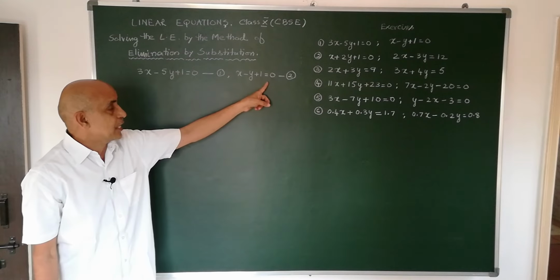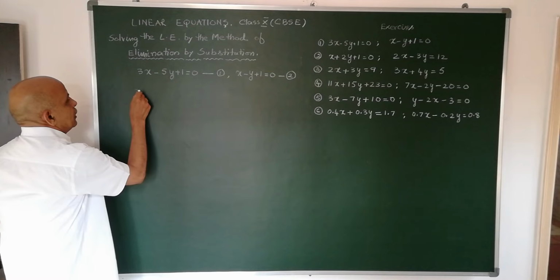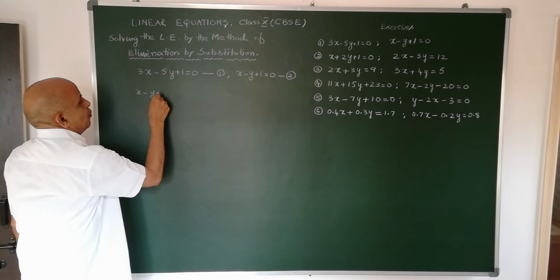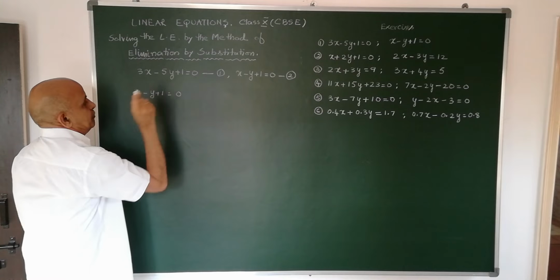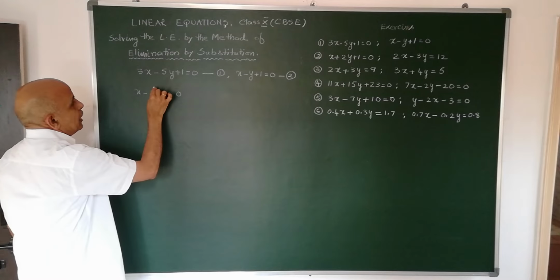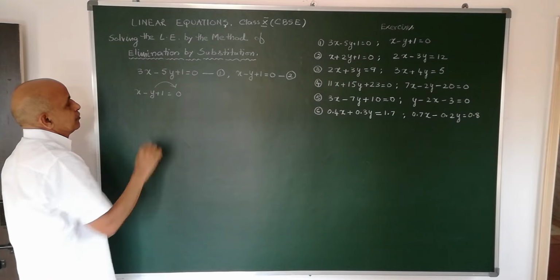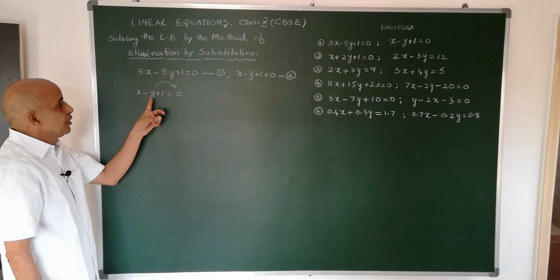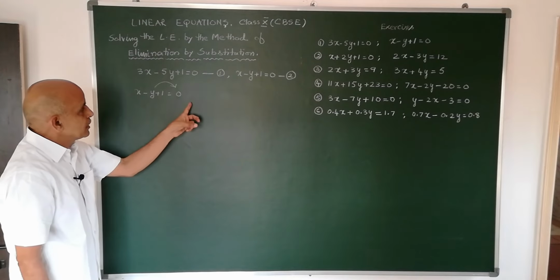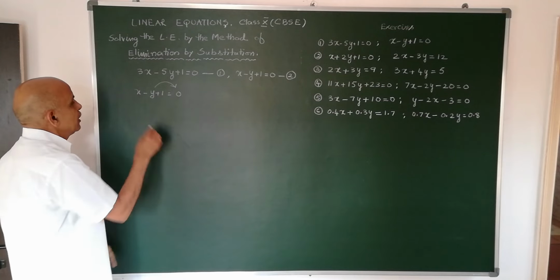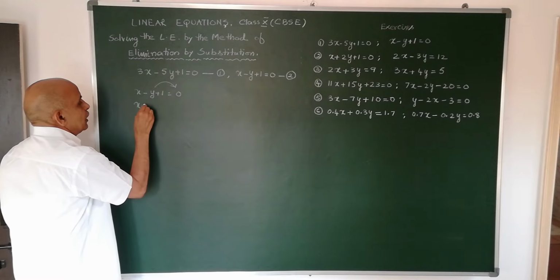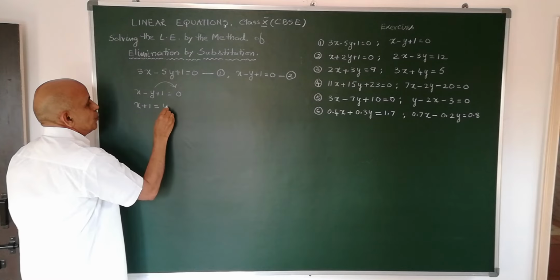Now let us take the second equation, x minus y plus 1 is equal to 0. Now I will simply take this y to the other side. Because it is minus y, when I transfer this y to the right hand side, it becomes plus y and this equation becomes x plus 1 is equal to y.